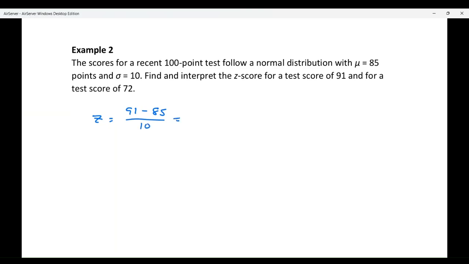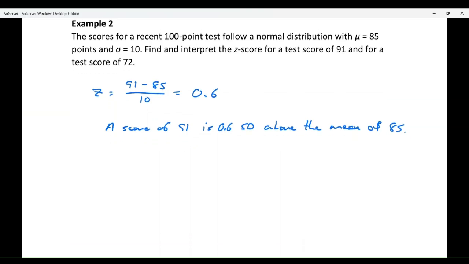And that gives us 0.6, which means that a score of 91 is 6/10 of a standard deviation above the mean of 85.